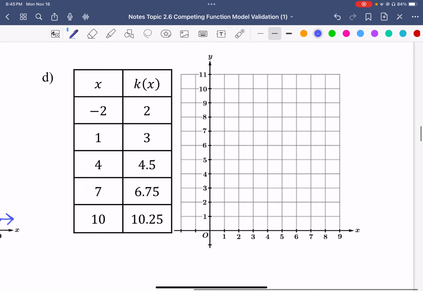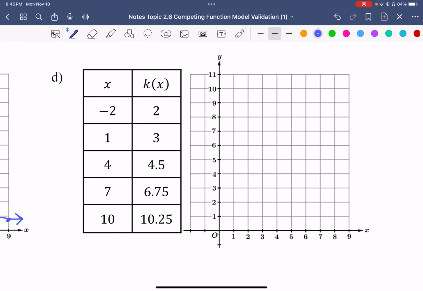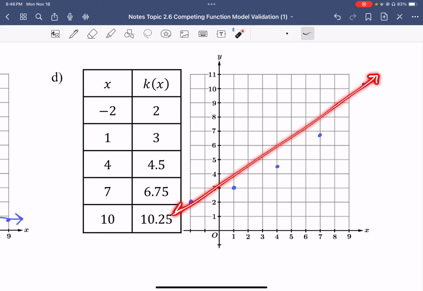Okay, now let's try letter D. We have (-2, 2), (1, 3), (4, 4.5), (7, 6.75), and (10, 10.25) might be somewhere around here. Again, if you try to make this a straight line, you're missing a lot of the points.